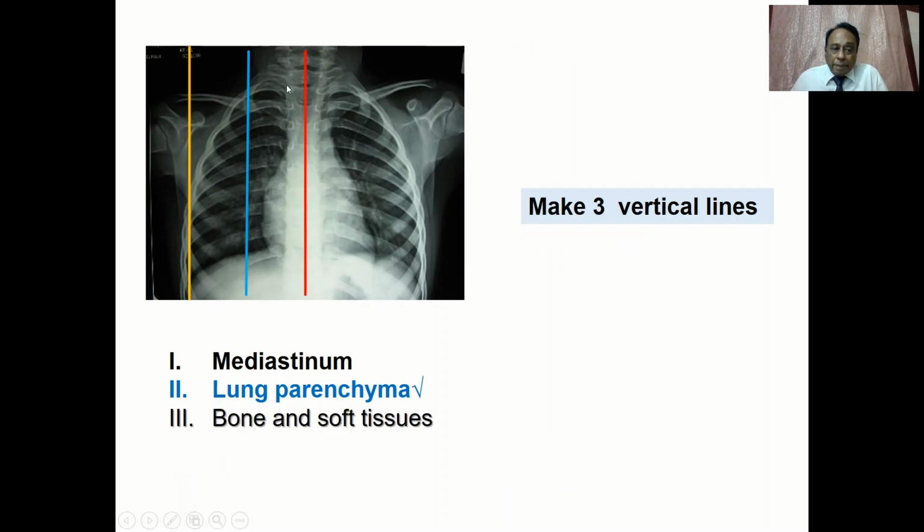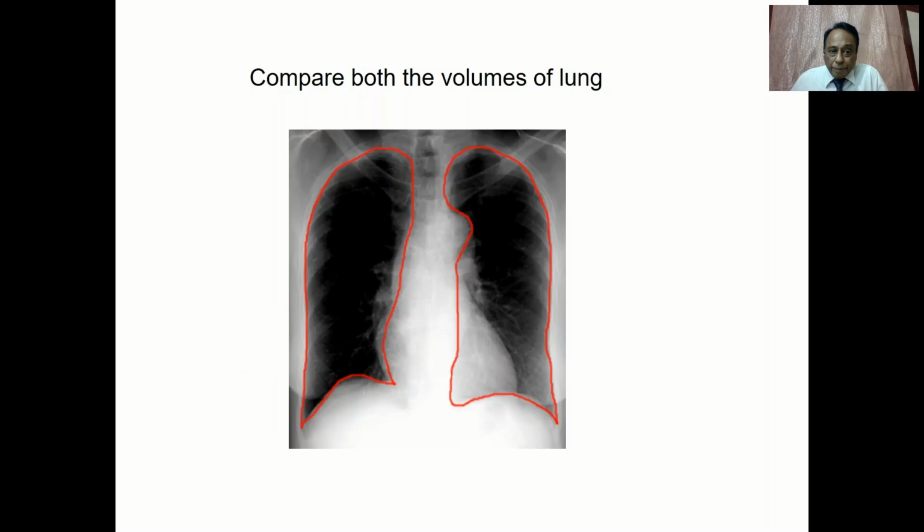Coming to the second vertical line, that is the blue line, it crosses through the parenchyma. So what are the things you have to see in the lung parenchyma? First of all, you should compare the volumes of both sides.